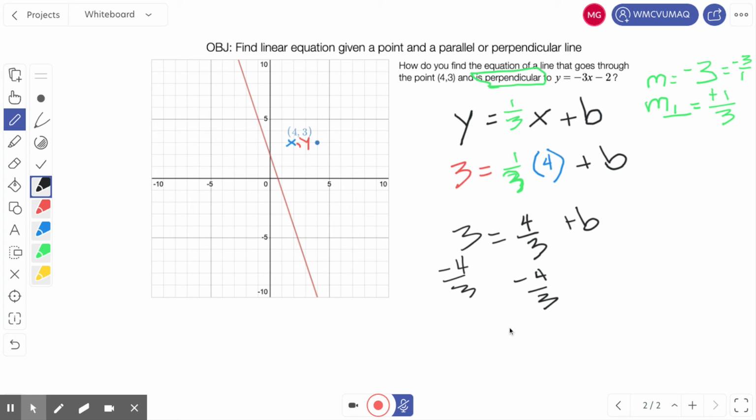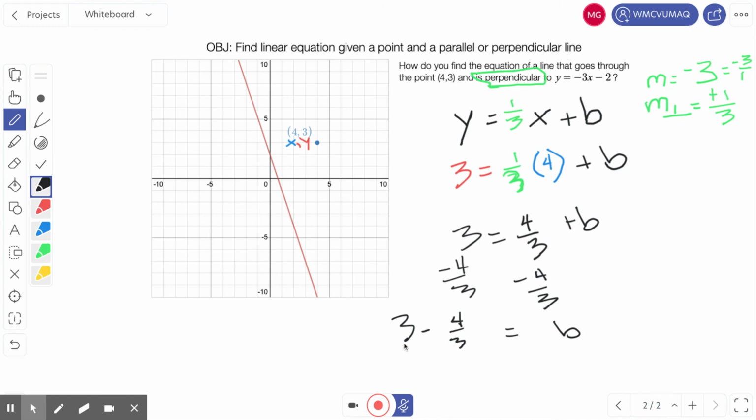So let's just see what we have. We have b equals 3 minus 4/3. How do we do that? Well, honestly, we can make them both thirds, right? If we have the same common denominator, we can subtract.